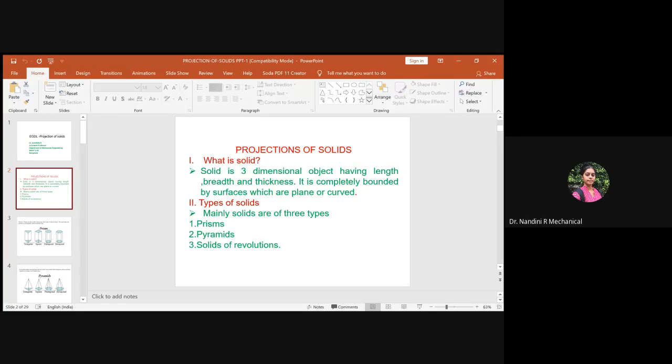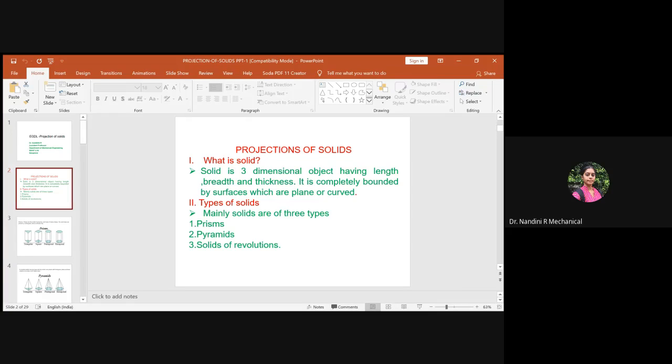If it is a plane, it will be a rectangular plane surface which bounds to get a solid. If it is a curve, you will have a triangular lamina which is turned 360 degrees round to get the required solids. I will explain what all it is. So basically, a solid is a three-dimensional object which has length, breadth and thickness, all three.